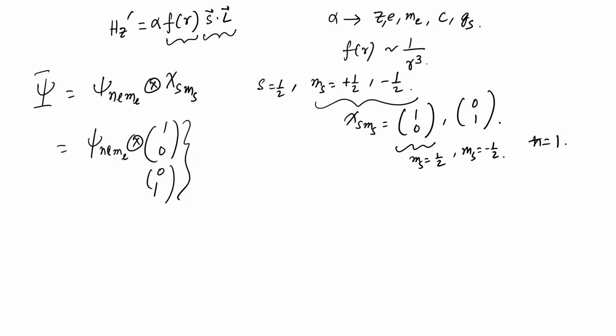So, we can now write this thing down in terms of n, L, m_l and m_s, and instead of writing it as these bases, we can use this ket. This is the principal quantum number, orbital quantum number, magnetic quantum number corresponding to L, and magnetic quantum number corresponding to S. So, the question is, is it a good basis for us?